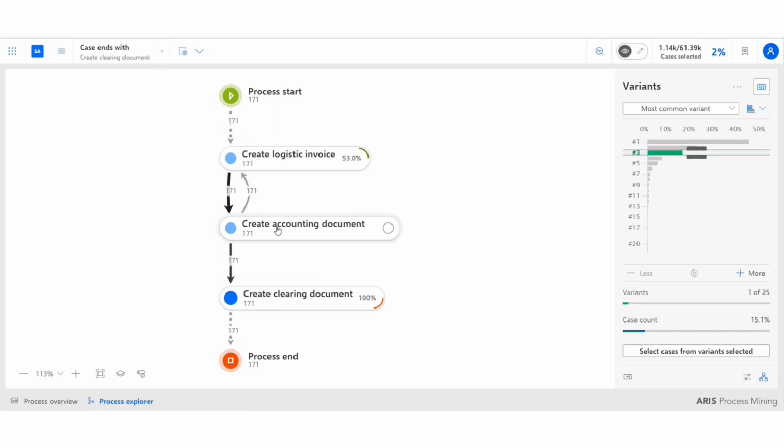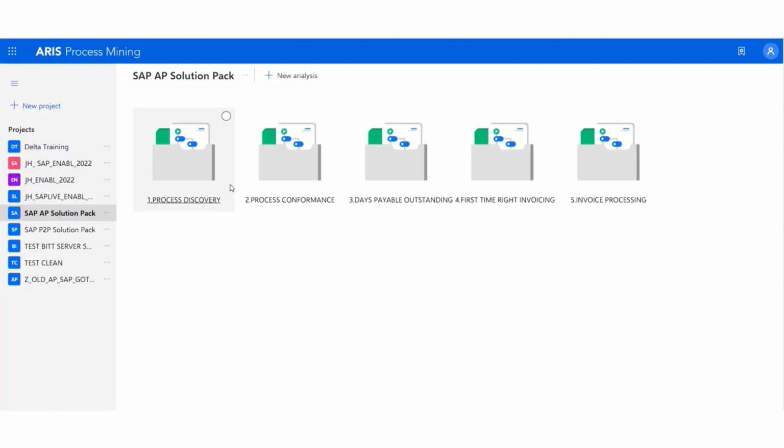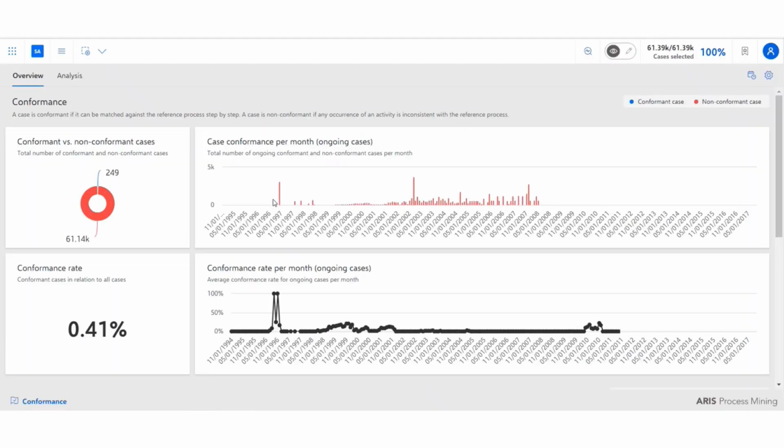Let's now go further with the process conformance check. That's our second analysis. The conformance check, what does that stand for? It verifies, in fact, the actual execution of your processes in SAP. And it checks this with your reference process, which you have modeled in ARIS.